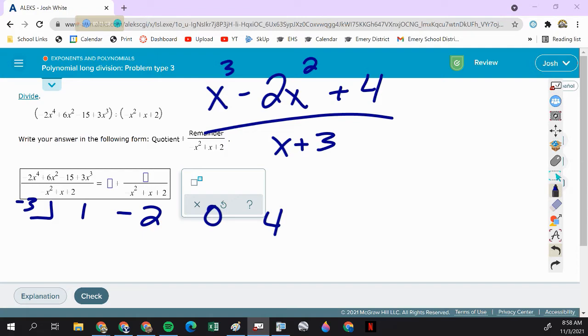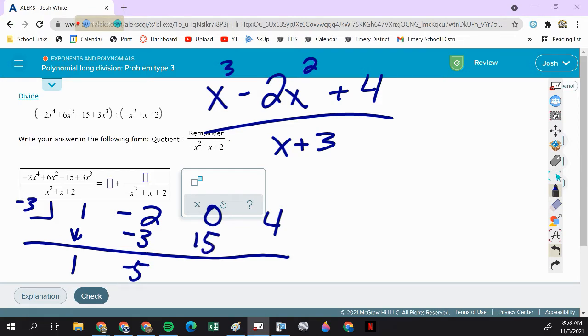All right? Then the process is very simple. Drop the first one, multiply, add, multiply, add, multiply, add. And what is the answer?